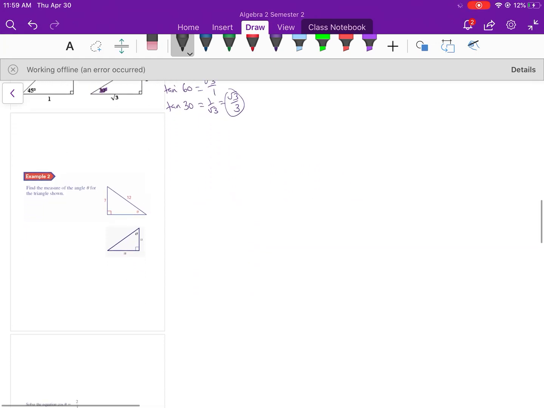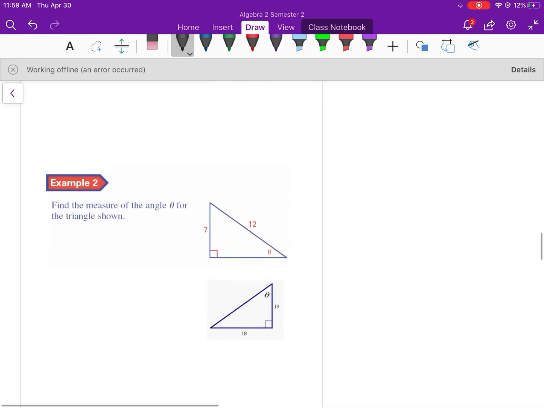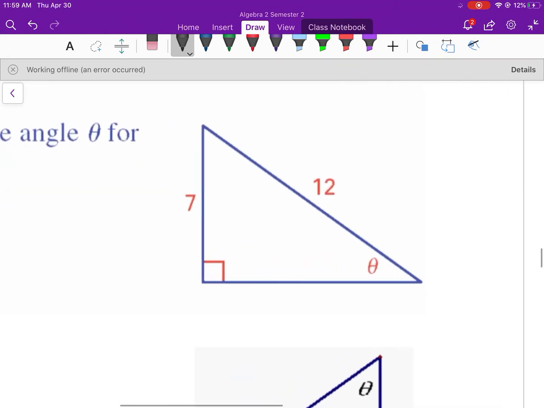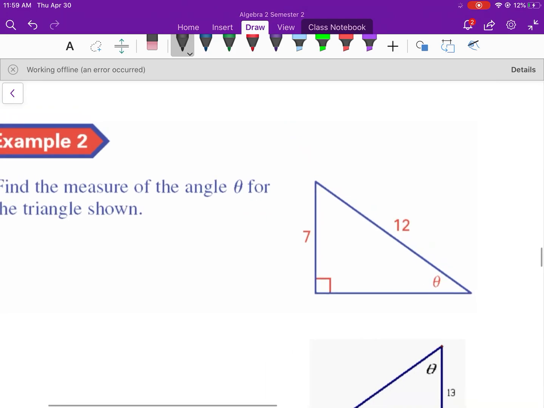All right, so now given a triangle and we have two sides, find that missing angle. What I'm thinking here, we're trying to find theta, which is our angle, and I have the opposite and the hypotenuse.